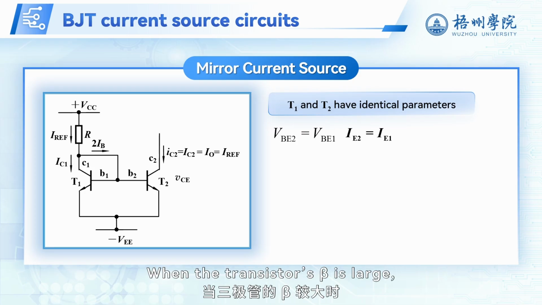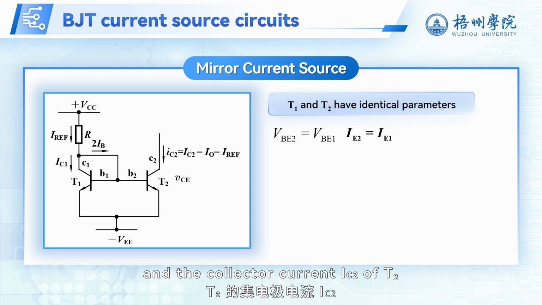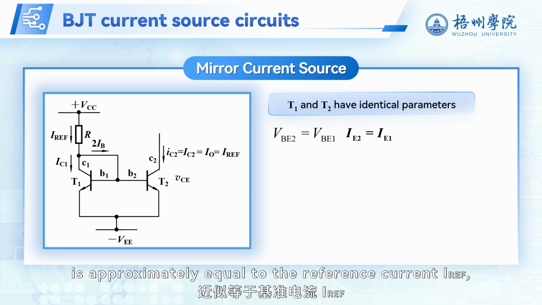When the transistor's beta is large, the base current I_B can be neglected, and the collector current I_C2 of T2 is approximately equal to the reference current I_REF.